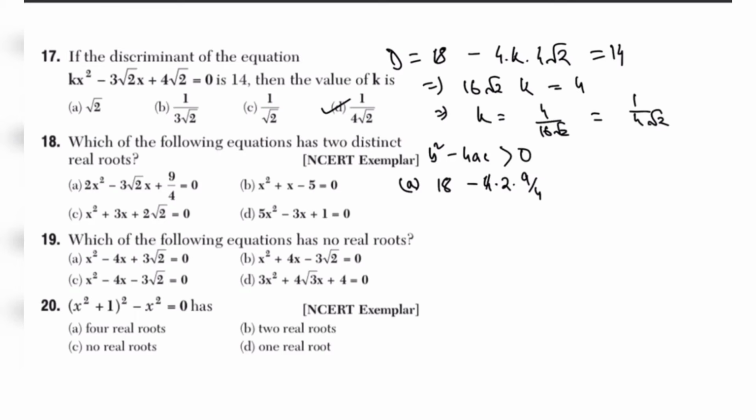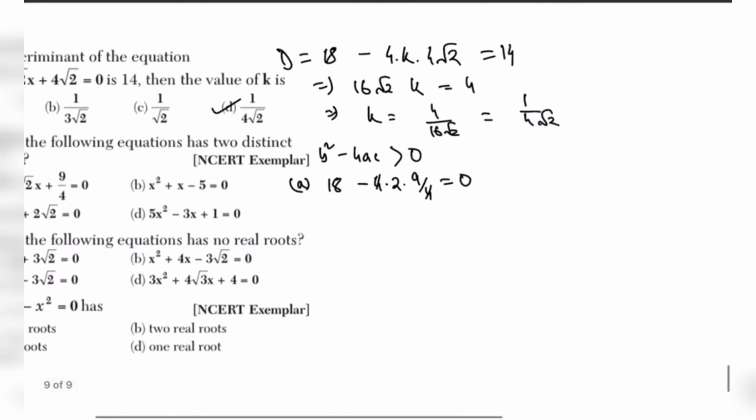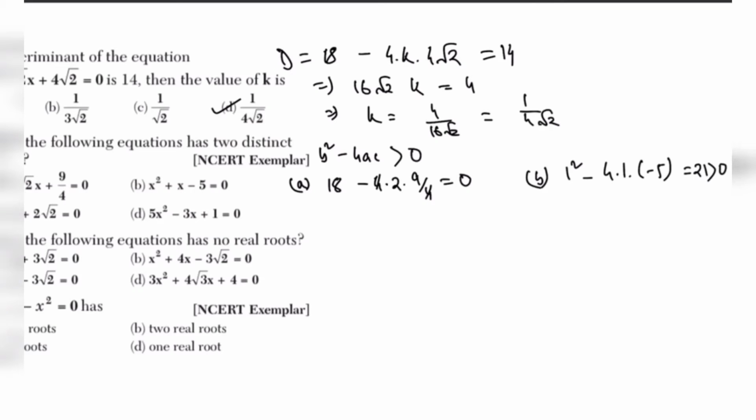This is 0. So this is not the correct option. Let us check option B. So it is 1 square minus 4 times 1 times minus 5. So 1 plus 20 is 21. This is greater than 0. So this is the correct option. You can check for the others.